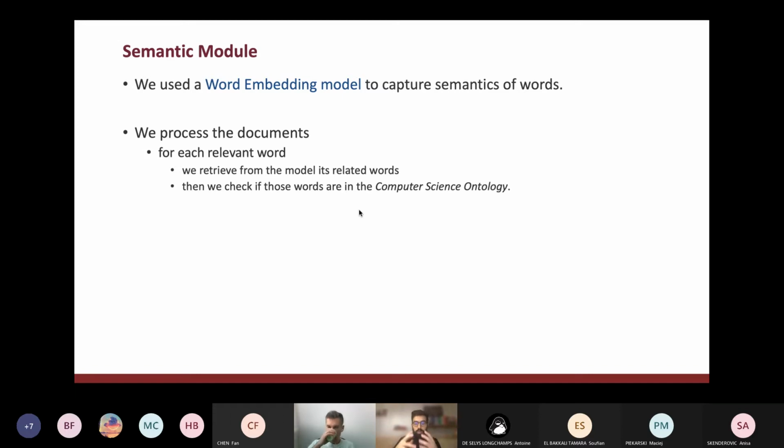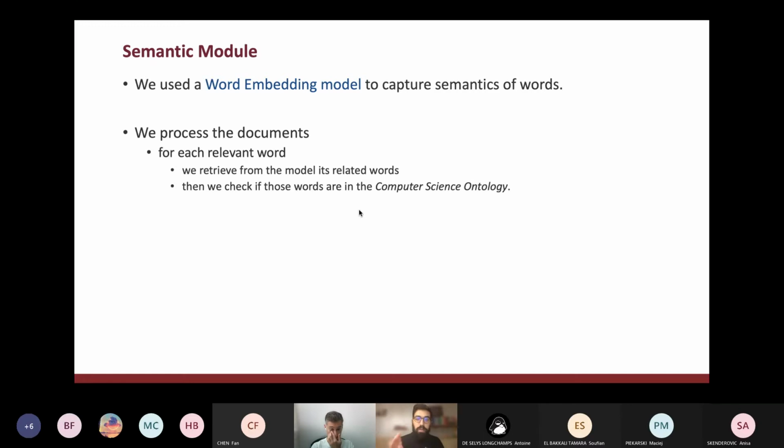What we do in this module is that we have a word, we go into the model and we retrieve the similar words, because this model captures the semantics of words. For example, if I am talking about house and I go into the model, one possible semantically related word is going to be home, because house and home are different versions of the same entity, or desk or table.